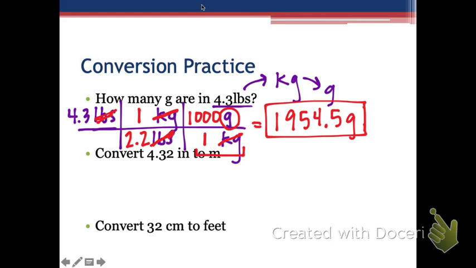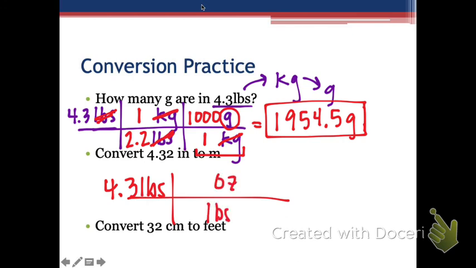If I were to do the other conversion, if I were to go 4.3 pounds to ounces, then ounces to grams, right? We said that's the other path we could have taken. Pounds to ounces is 1 pound is 16 ounces, and then 1 ounce is 28 grams.